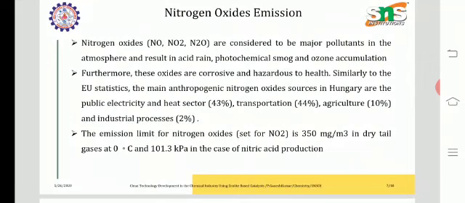The emission limit for nitrogen oxides, particularly NO2, is 350 milligrams per cubic meter, that is per meter cube, in dry tail gases at 0 degrees Celsius and 101.3 kilopascal in the case of nitric acid production. So this emission limit is found to be somewhat higher.